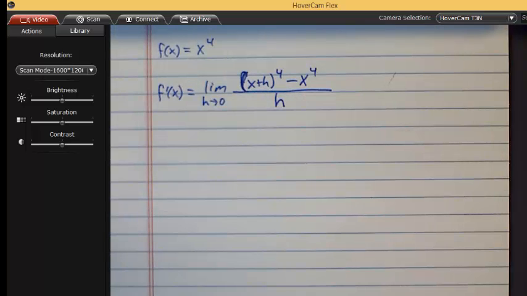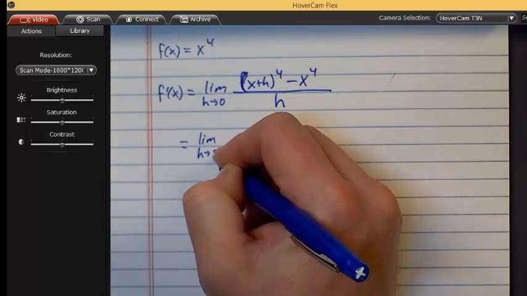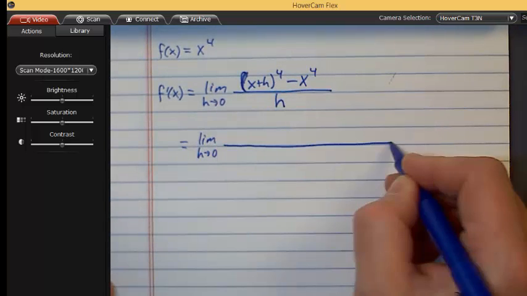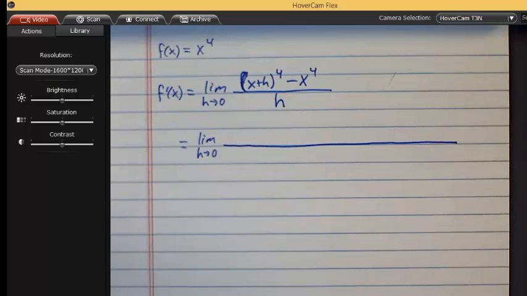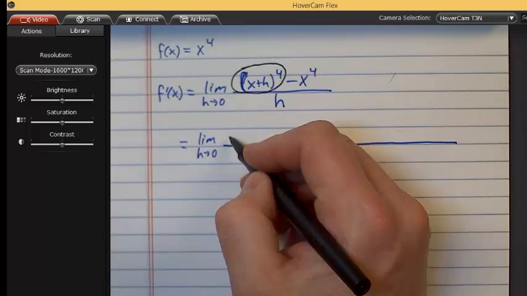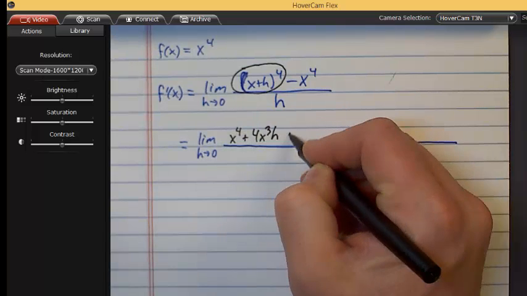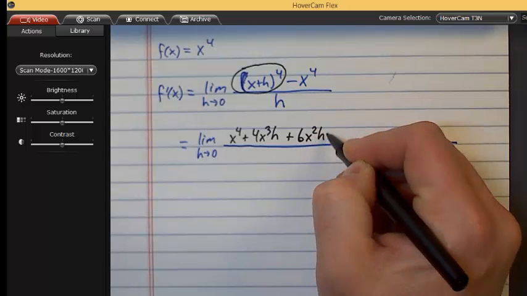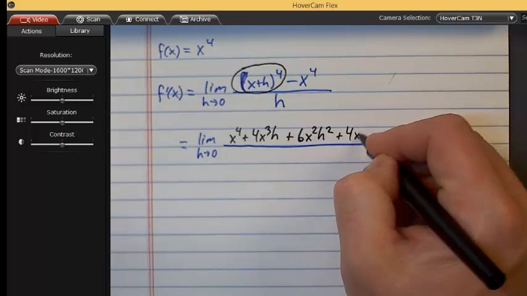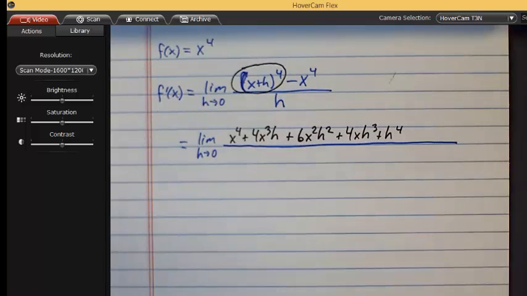And so what I'm telling you is, I can now fill in for that x plus h to the fourth. It was x to the fourth plus 4x cubed h plus 6x squared h squared plus 4x h to the third plus h to the fourth. That's what that is.